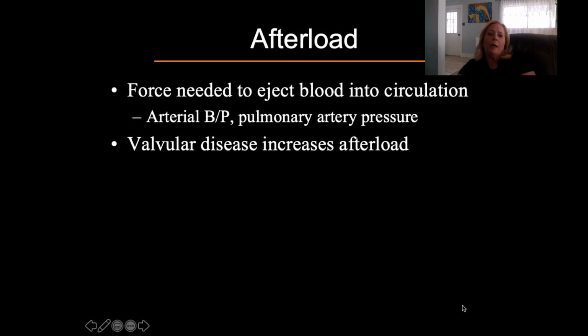If you think of aortic stenosis, for example, where there isn't the ability for blood to be ejected as well out of the aorta, some of that blood regurgitates and goes back into the left ventricle. And so now you have to increase the force of contraction in order to have a good what we would call ejection fraction, or a good amount of blood being ejected from that ventricle.